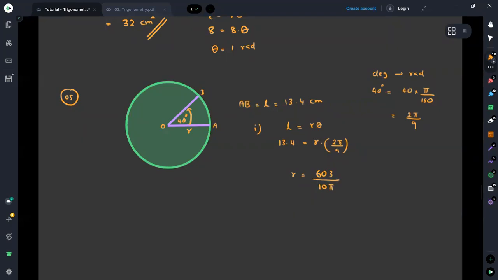If you perform this calculation, you will get this value, and we are asked to consider the value of pi as 3.142. If you substitute 3.142 instead of pi, we will get the value of r as 19.1915. Therefore I will keep it to one decimal place, and we can take it as 19.2 centimeters.